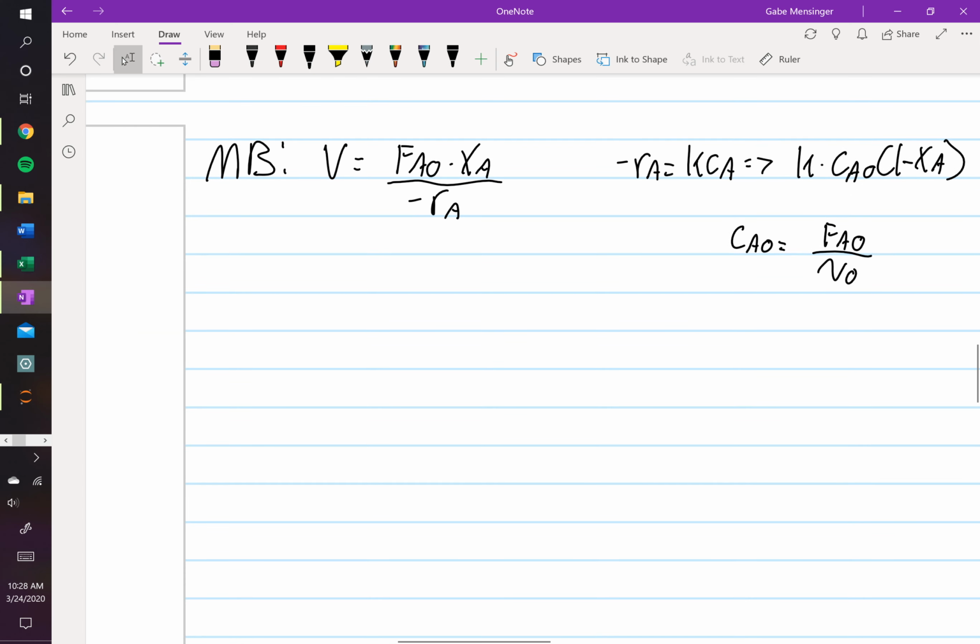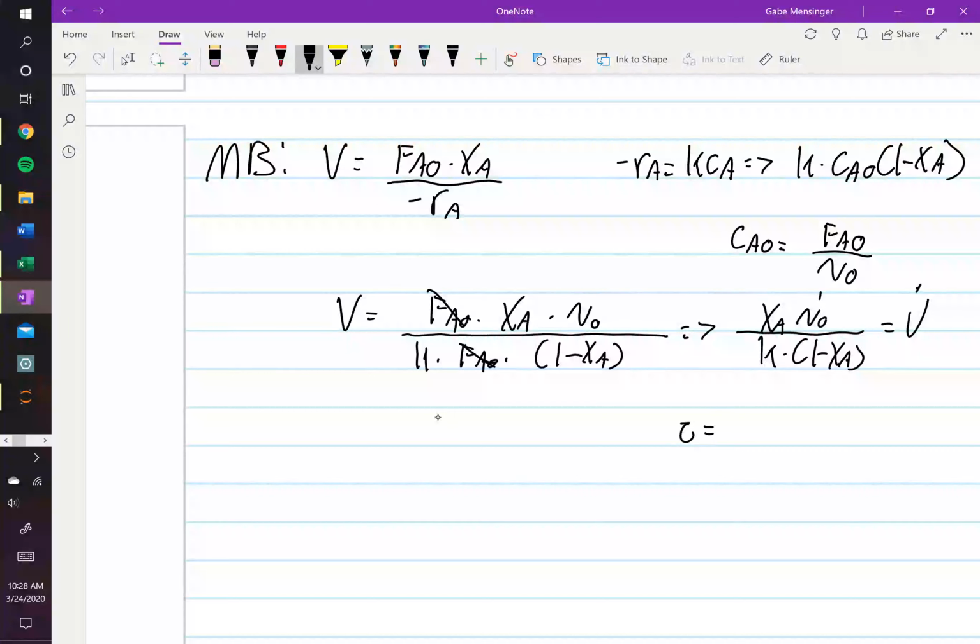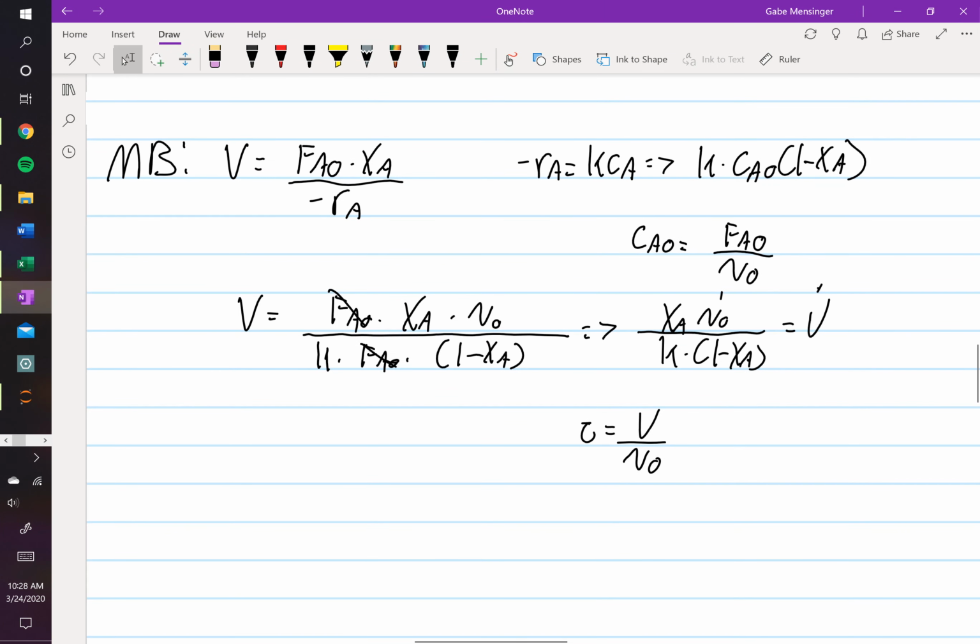Tau is equal to V over V naught, the volume over the inlet volumetric flow rate, so V is equal to tau times V naught.